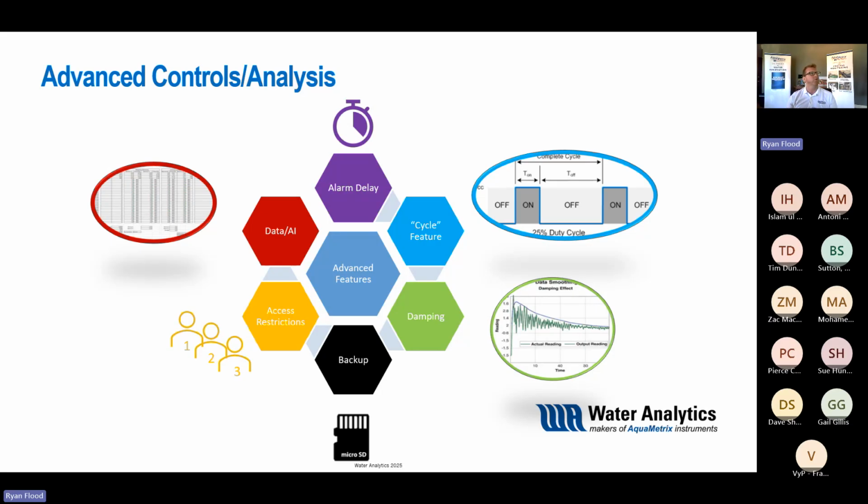Let's say it's tied to a buzzer. You don't want a buzzer going off every 5 minutes, because they're not going to pay as much attention to it if it's going off with false alarms all the time. So having a delay to make sure that it really is going off when it needs to go off can help improve that facility.